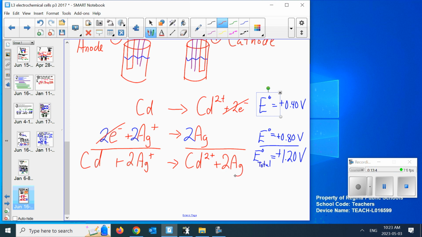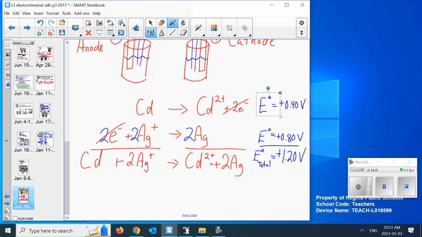Now, this means it's not only balanced for atoms, but I bet without the electrons involved, it wouldn't occur to you to balance for charge as well. There's a total of 2 positives on that side, 2 positives on this. So it's balanced for charge and for atoms. Okay.